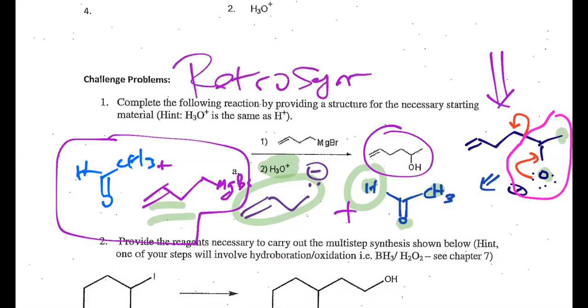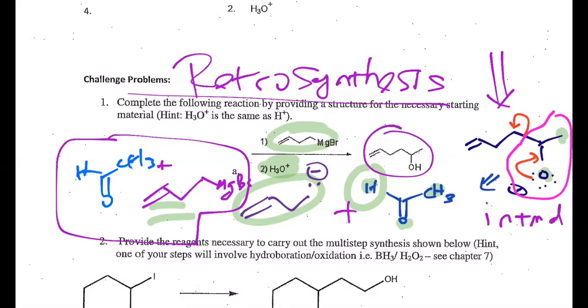So the goal is to perform what we call a retrosynthesis, or to work backwards. We have the product. We want to know what the starting materials are. One of our starting materials is given right here. And then what we did on the other page was show how to work backwards. First thing you want to do is take off the proton from the OH group. So that's going to get you back to your intermediate.